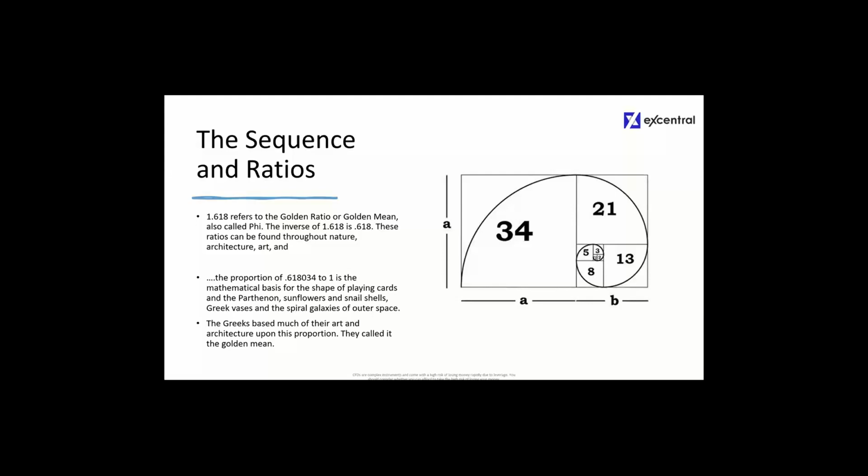And guess what? These are all Fibonacci sequences. The proportion of 0.618 to 1 is a mathematical basis for the shape of playing cards, for the Parthenon in Greece, for sunflowers, and for snail shells, Greek vases, and the spiral galaxies of outer space. These sequences and these ratios are found everywhere that you apply math.